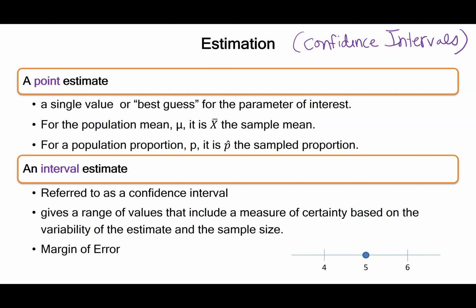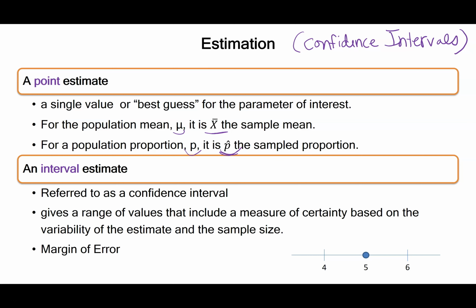It's your best guess. Given if you only have your sample data, your sample mean is the best place you have to start. So if you are looking for a population mean, mu, you're going to start off with a sample mean, x bar. If you want the population proportion, you start with p hat, the sample proportion. That's where you start.